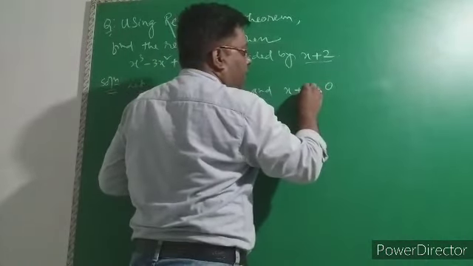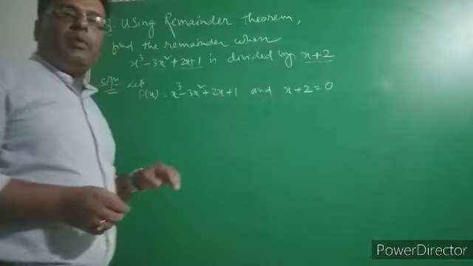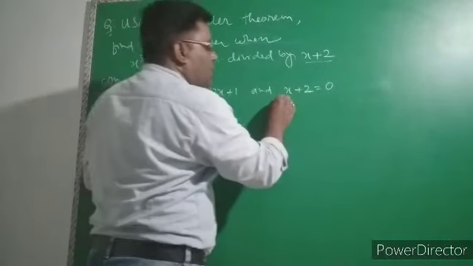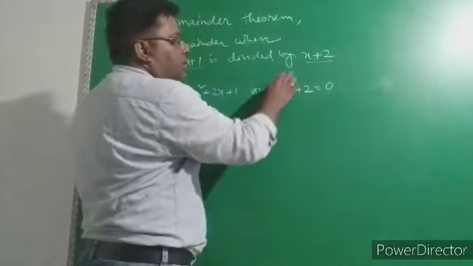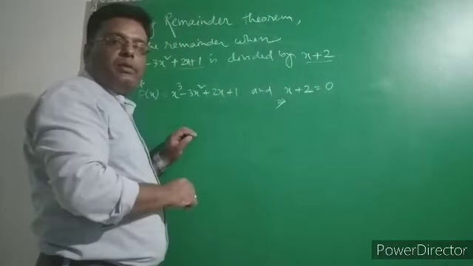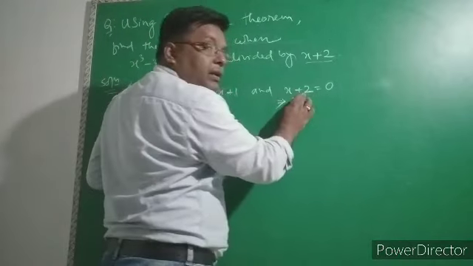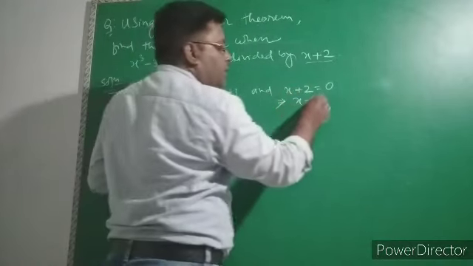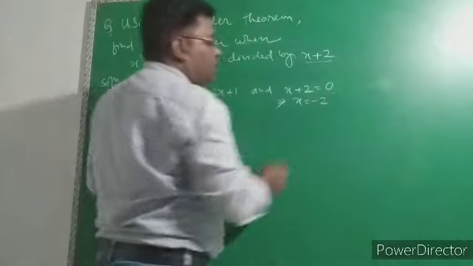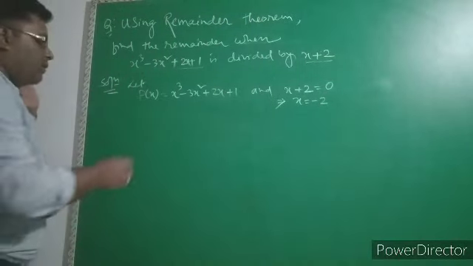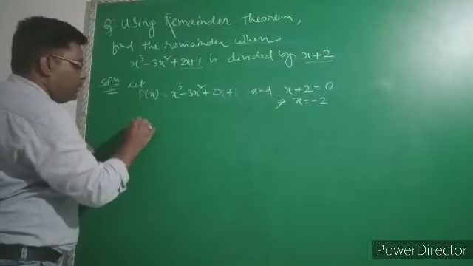That is, we have to find the zero of this linear polynomial, that is, for what value of x this becomes 0. That is, x plus 2 becomes 0. That is, x equal to, when we take this plus 2 to the right side of the equal sign, it becomes minus 2.